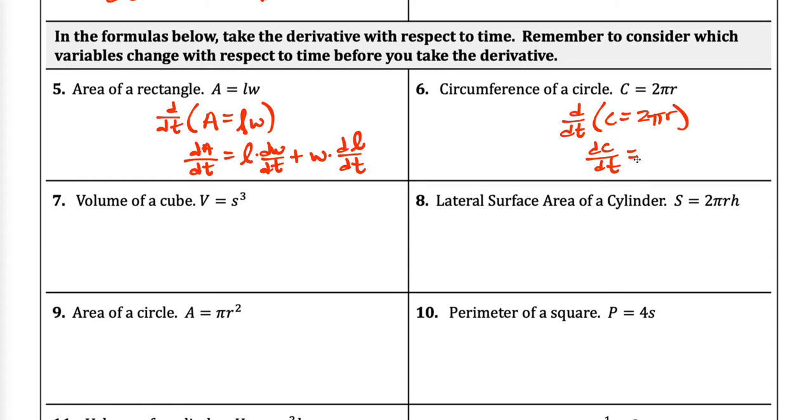Did you just rewrite the exact same thing? Yeah, like 2 pi r times the derivative of r. Oh, got you. And then you said 2 pi times dr dt? Okay.